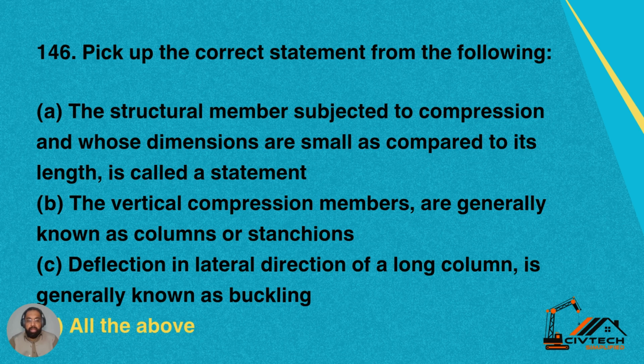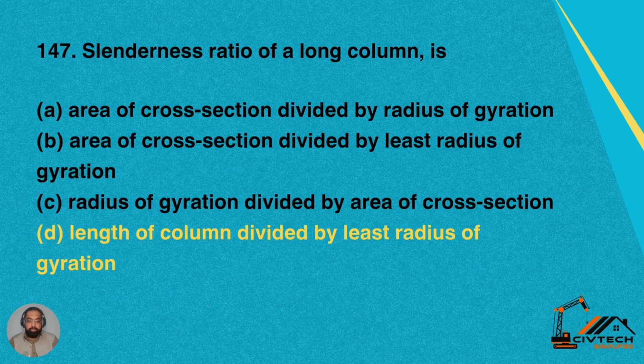Option C, deflection in lateral direction of a long column is generally known as buckling. The deflection in lateral direction of a long column is known as buckling. And option D, all of the above. So all these options are correct. Therefore, D is the answer for this question, which is all of the above.